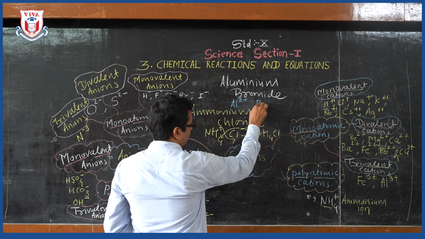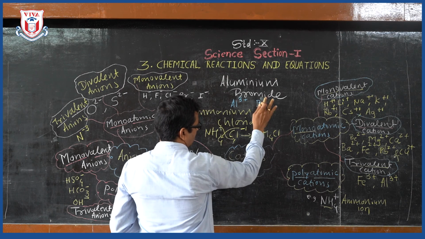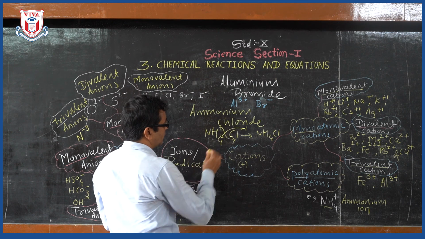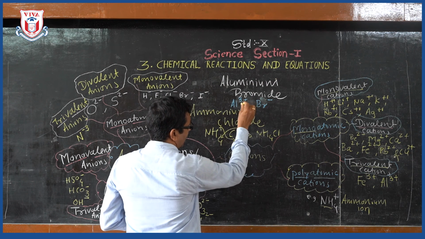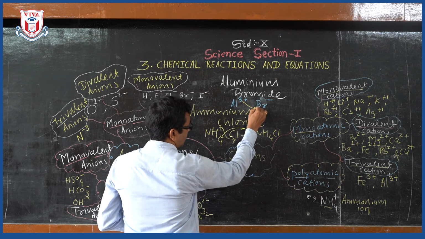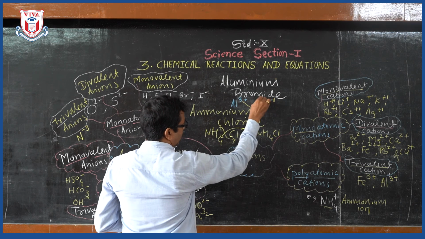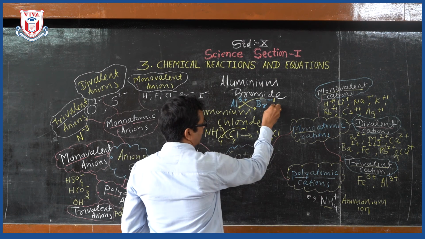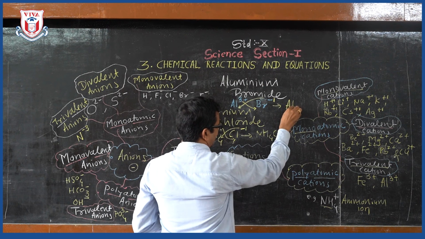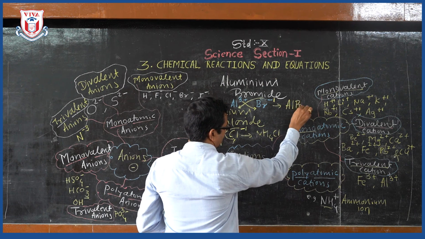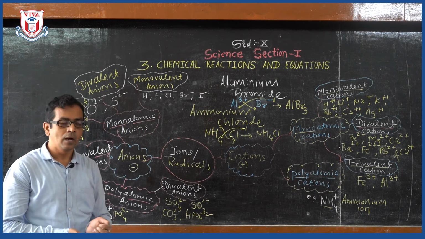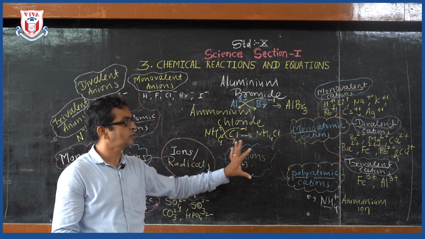So I'll write Br minus. You write, this 3 will go at the base of bromine, this 1 will go at the base of aluminium, and I can write the formula AlBr3.